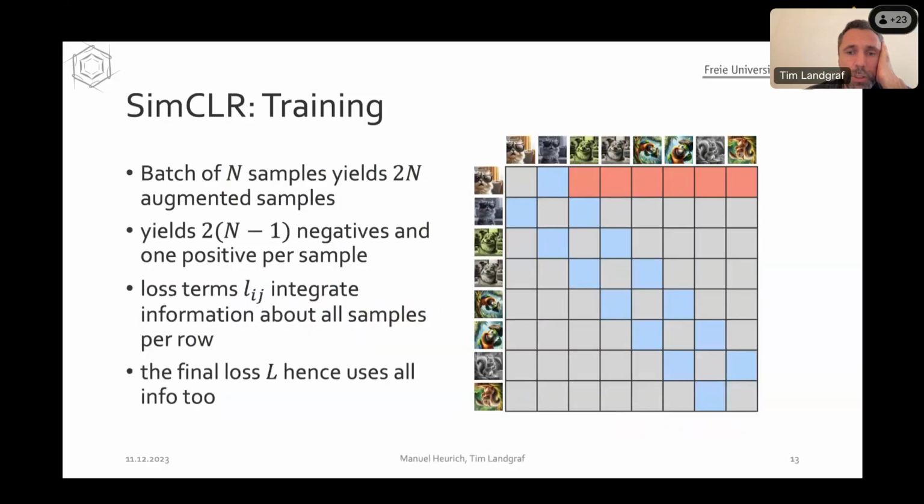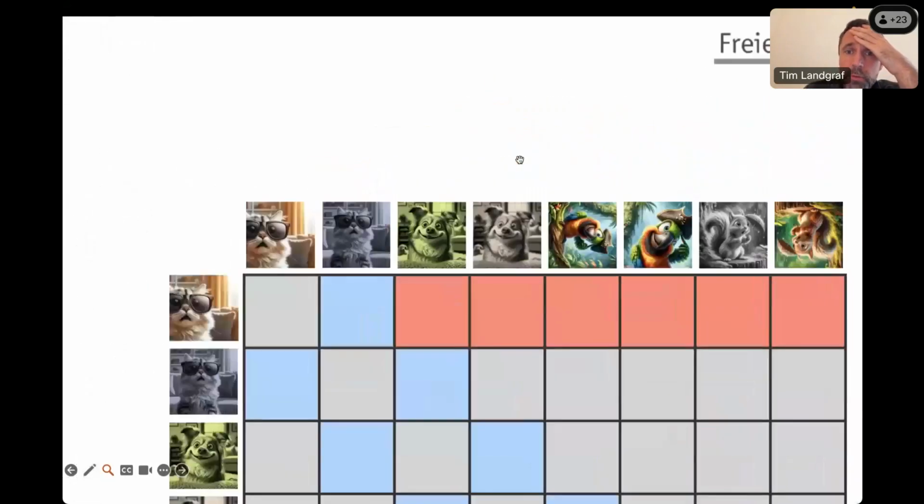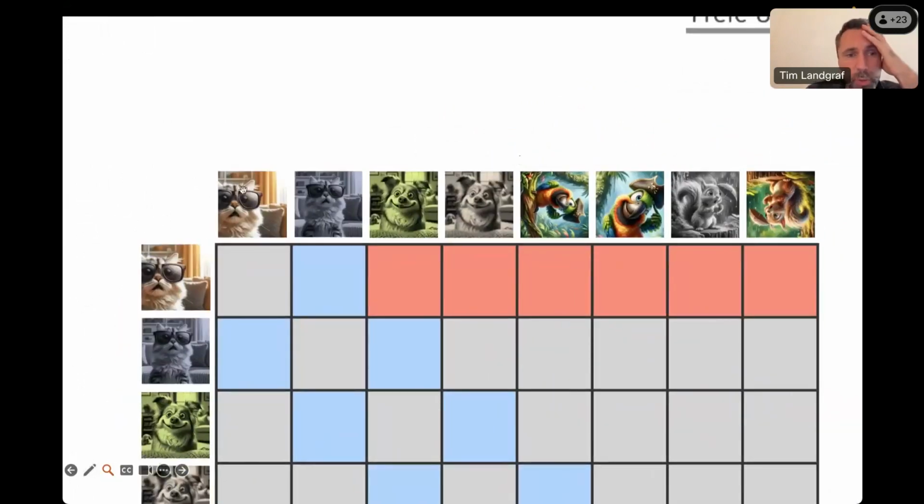So what we do is, I can even zoom in, cool. We just think of them as pairs belonging together: the cats, the dogs, the birds, and the squirrels.